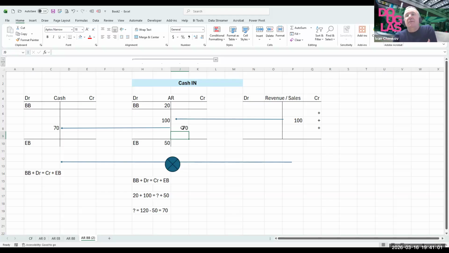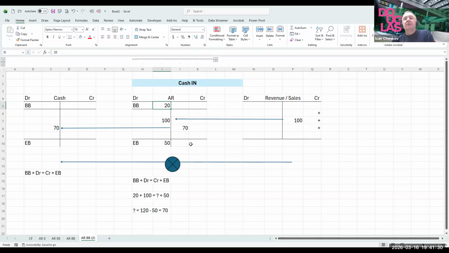You can say we don't know, because technically we might have collected $20 from the beginning balance and only $50 from the current sales. But we don't know exactly how much. But having in mind that accounts receivables also come from the sales from the previous period, and everything is sales, that means we collected $70 from our sales.